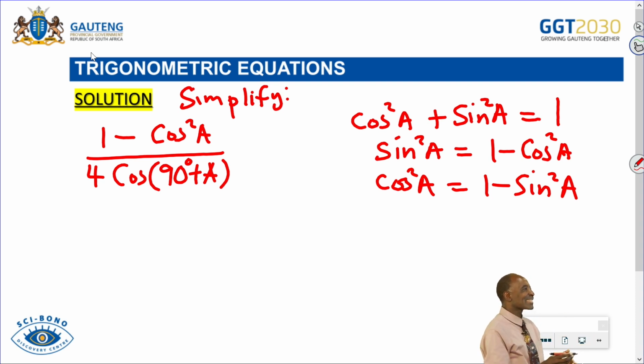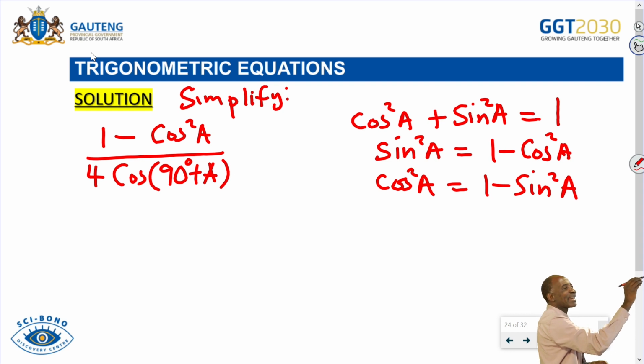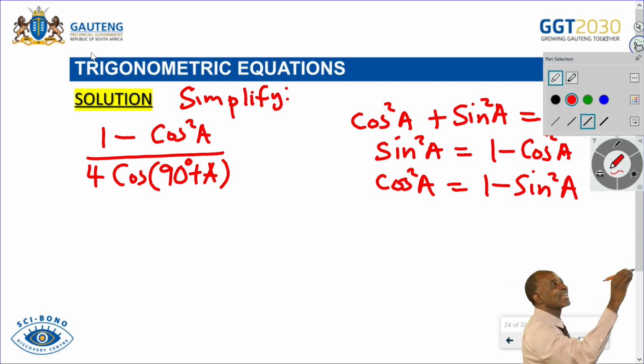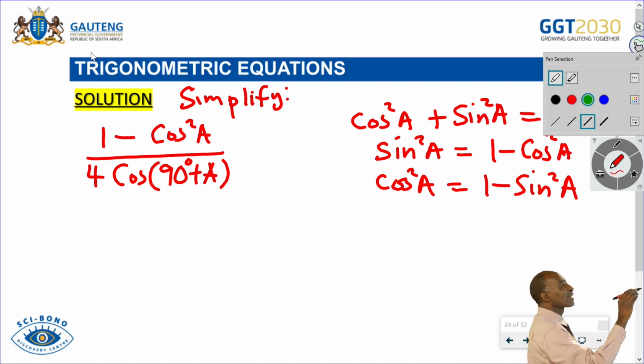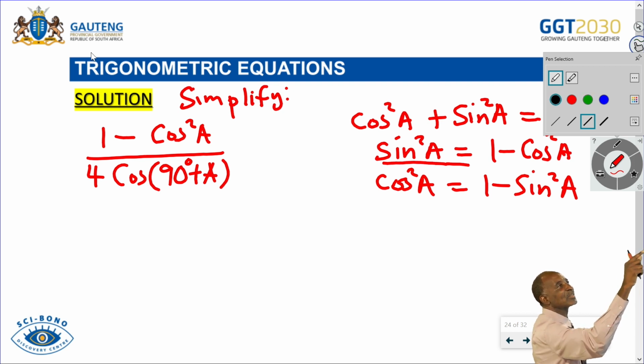Now, having done this, what am I saying? I see in the numerator is 1 minus cos squared A. I'm going to replace my numerator and use this middle one.